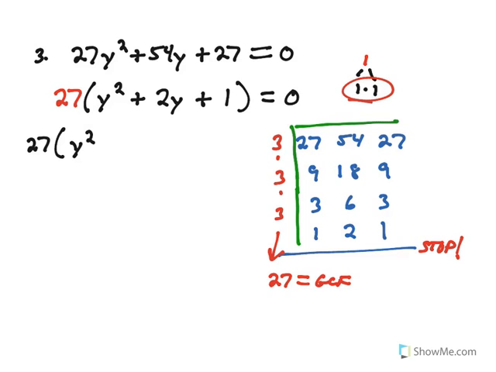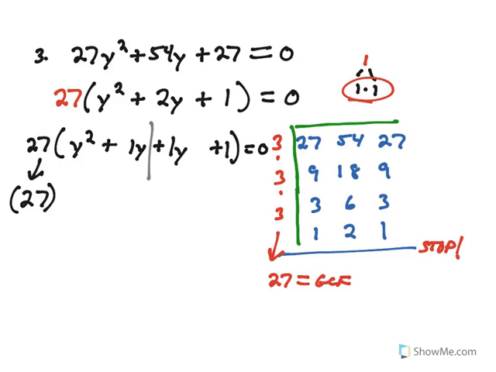Write down your first term, write down your last term, and we're going to pick 1 and 1, so we'll call that 1y and 1y, because that's the variable we have. The only way to get a 2y in the middle is they have to both be plus. Do factor by grouping. The GCF on the left side. Okay, don't forget this 27 kind of stays the same. Its own entity. So just bring that down.